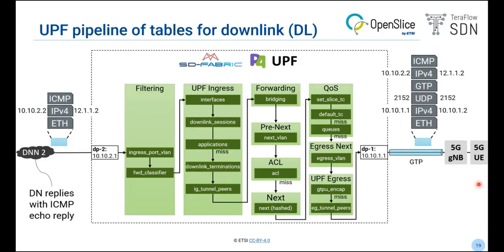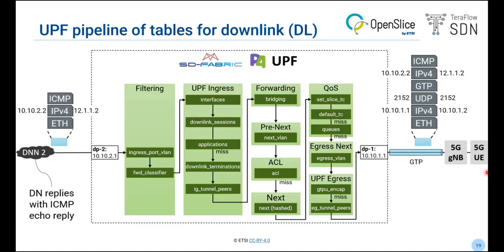The same thing in a reverse manner happens when the data network replies towards the UE again. So we have to take the opposite path. The packet enters again the same pipeline, but now there are a bit of differences here because we need to involve the reverse functionality to encapsulate now the traffic towards the G node B and some other details of the pipeline until we reach again the UE.